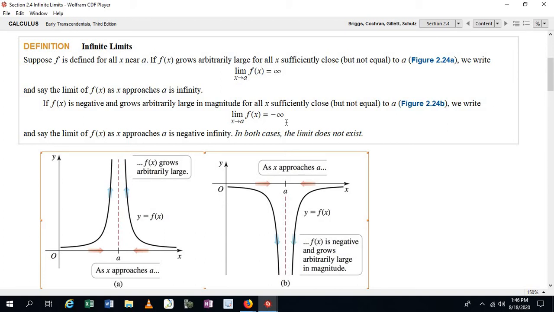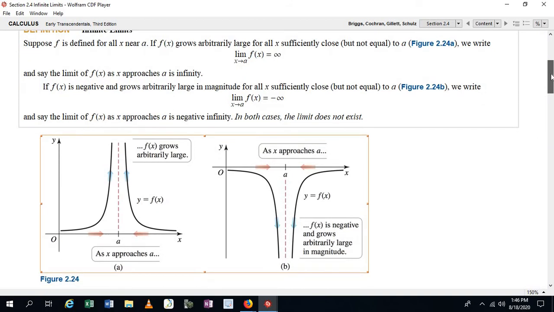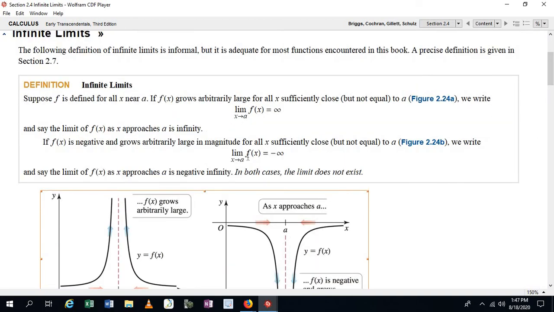And again, that means the limit doesn't exist. That's another example of an infinite limit. Notice both of these are two-sided limits, right? This two-sided limit is infinity, and this two-sided limit is negative infinity.